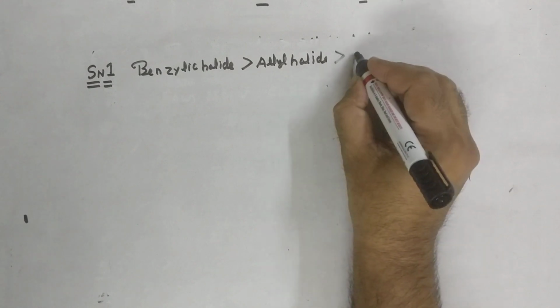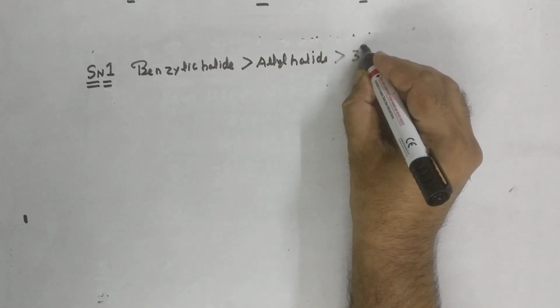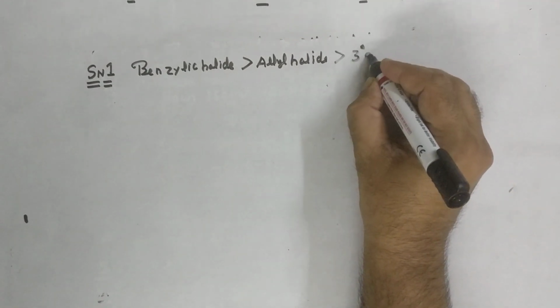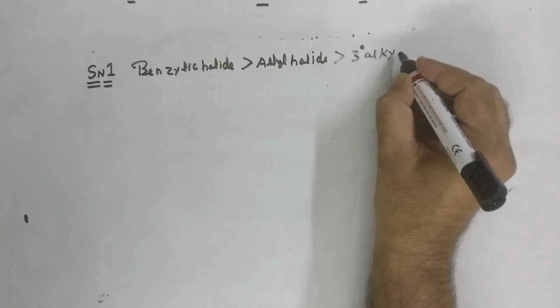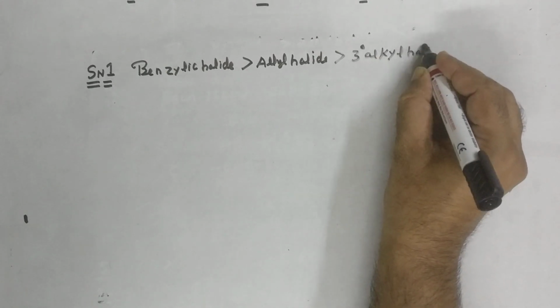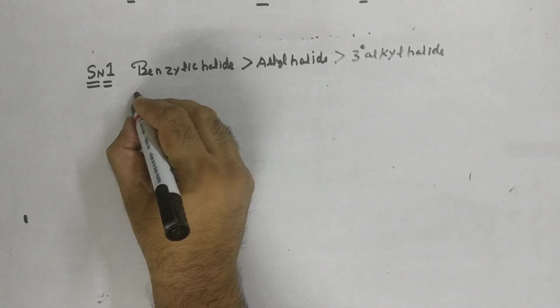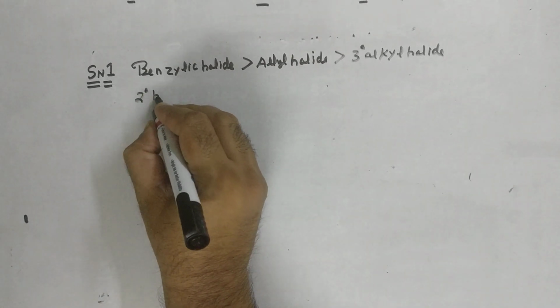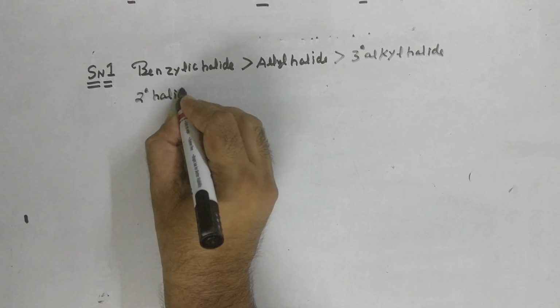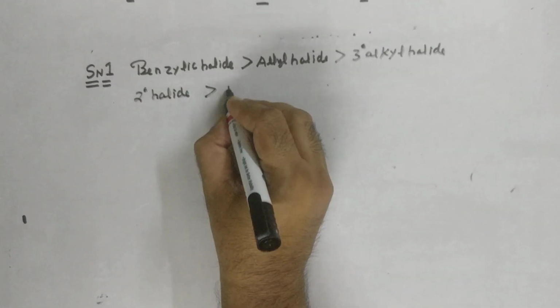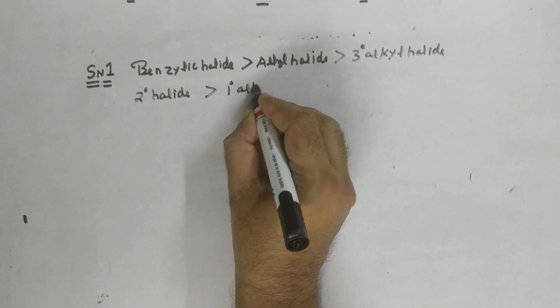Because you know SN1 mechanism, the halogen containing compound which forms the stable carbocation is the one which is going to be more reactive. Followed by your tertiary halide, then comes your secondary alkyl halide, followed by your primary alkyl halide.